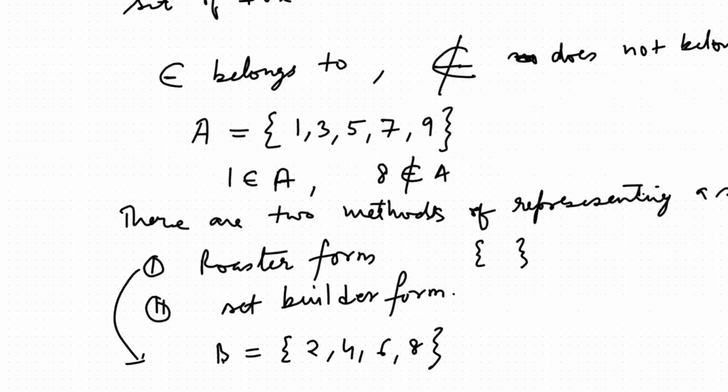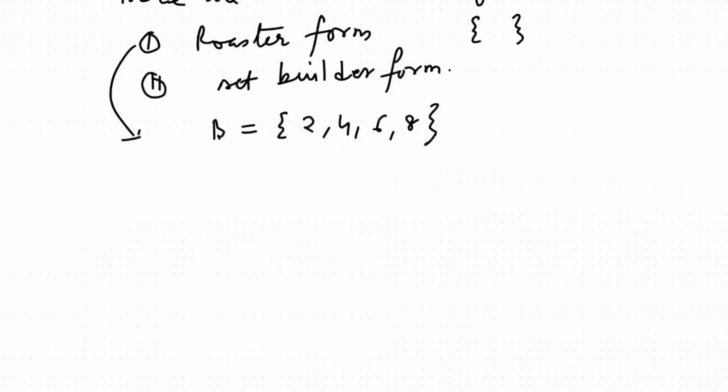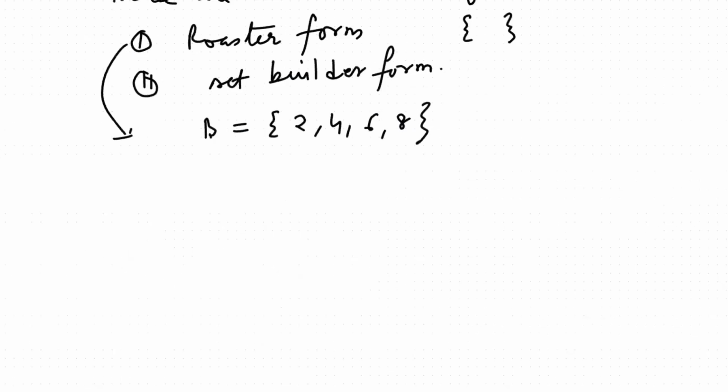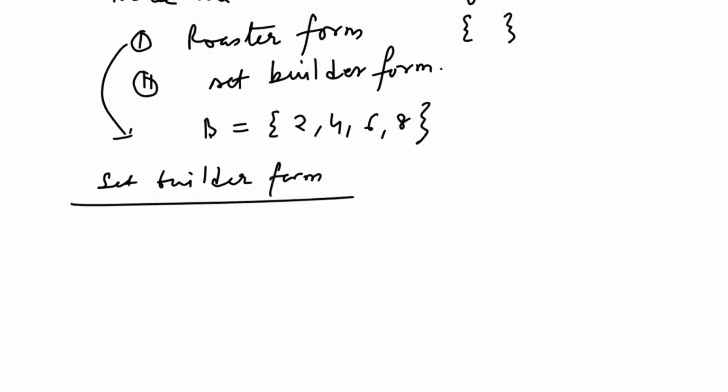Now let us explore set builder form. In the set builder form, we write it as a statement. We also call it statement form because the set is in the form of a statement.